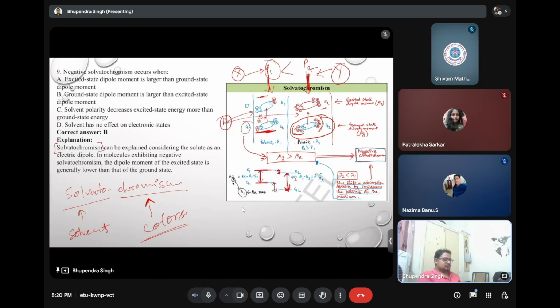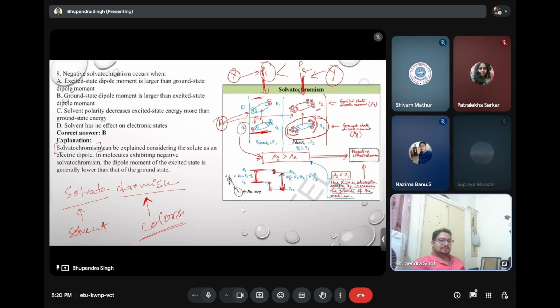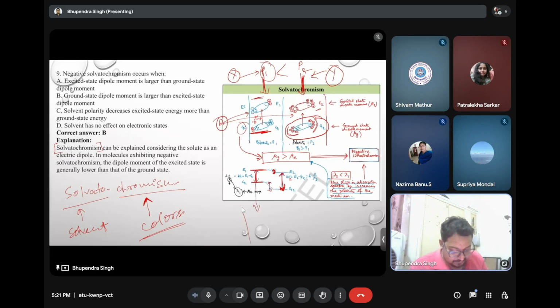if you take the emission, what will happen? It will go to the negative side, and negative side means blue shifted. If the emission is here in this case, it will shift to this side.